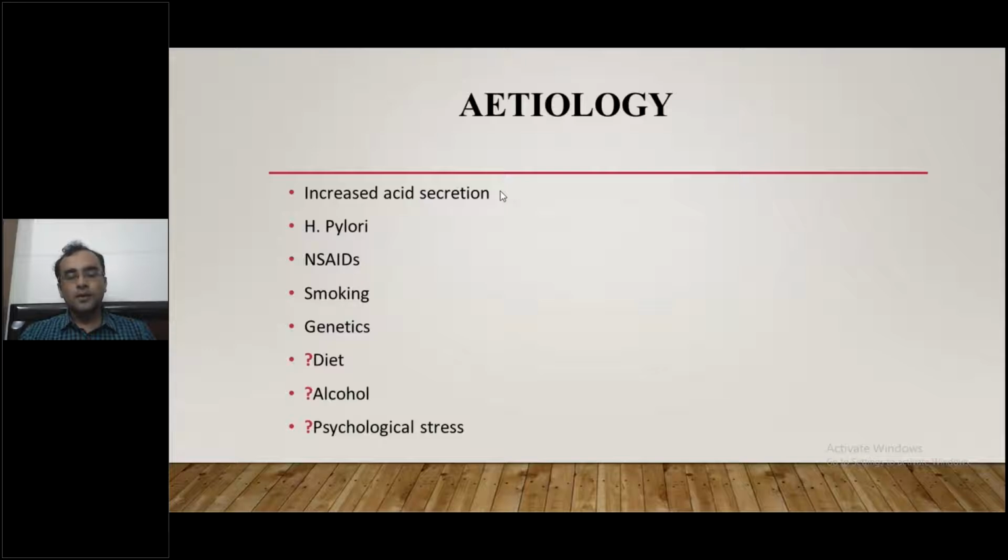A peptic ulcer is when the pathophysiology is mainly increased acid secretion, or you can say an imbalance between the epithelial protective factors and the epithelial damaging factors, like NSAIDs, smoking, and some genetic roles. And as I said, there is a doubtful role of diet, alcohol, and psychological stress.